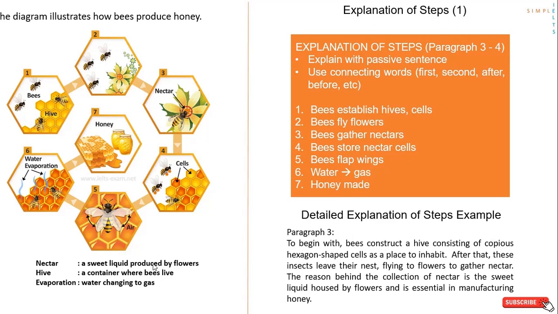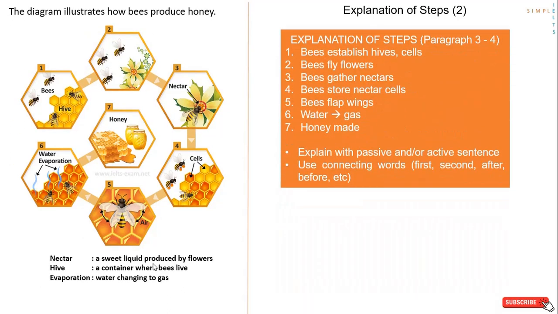You can also say the sweet liquid produced by flowers, but just to make sure that we don't write produce again and again, I change produce to housed. And it's essential in manufacturing honey, because nectar is the main ingredient to make honey.